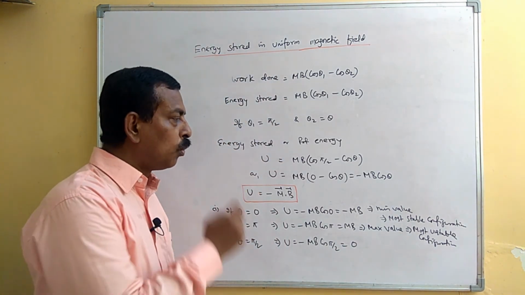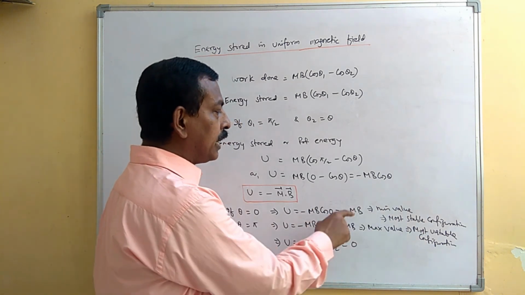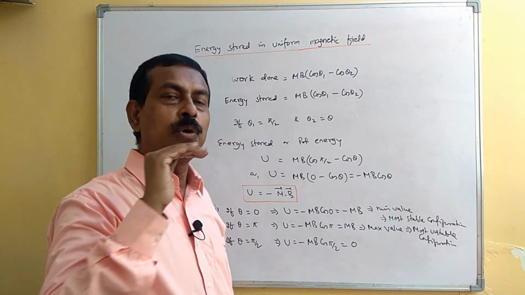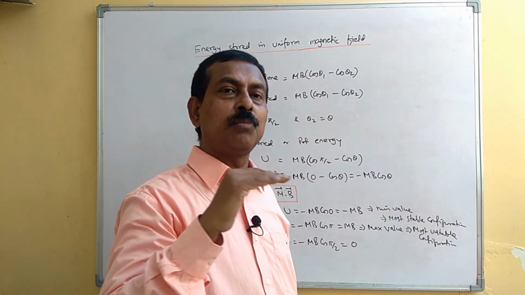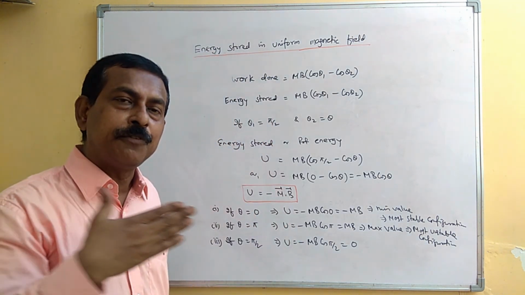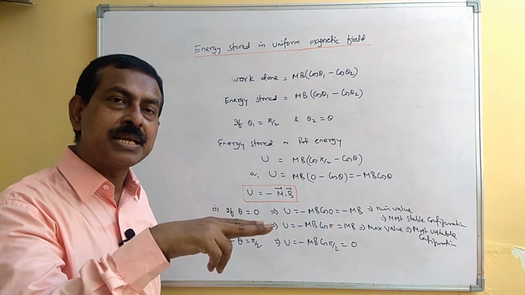What you should remember is that if theta is 0, the magnetic dipole is kept in the direction of the magnetic field. Magnetic dipole moment and magnetic field intensity are both in the same direction.